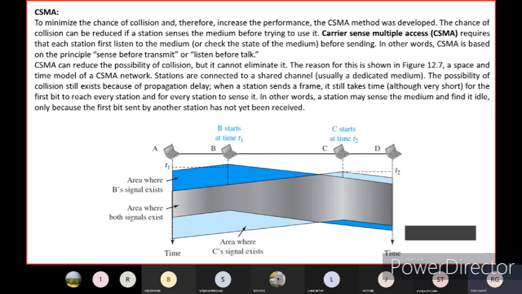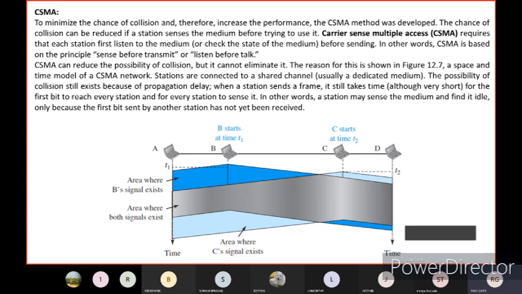So we can see here that when B starts at time T1, it has covered some area, meaning it has transmitted some data and is propagating it. The moment B starts transmitting, B has occupied some area over the geographical location, and that area is represented in a shaded fashion.